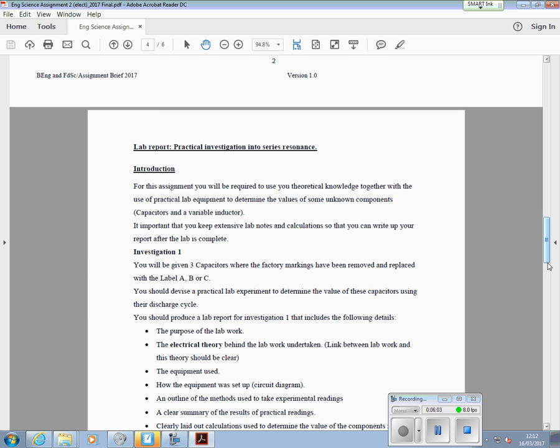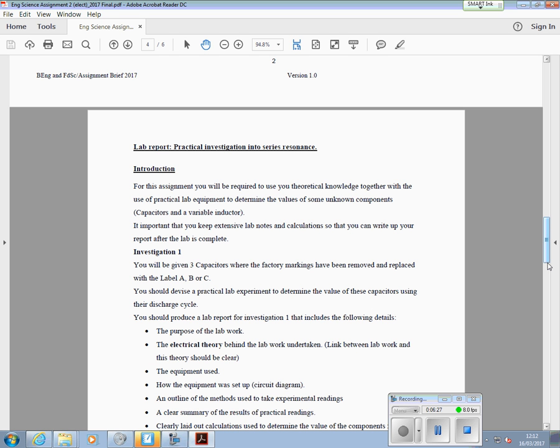If you remember your theory, the time constant is repeatable. Okay, so what you'll do is do that discharge cycle on 3 capacitors, take the readings, and then you'll write a lab report that has the purpose of the lab work, the electrical theory behind it.